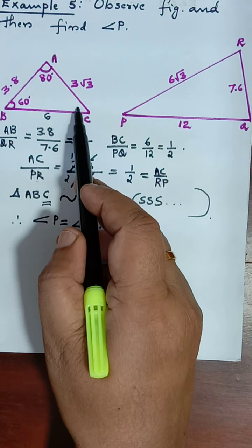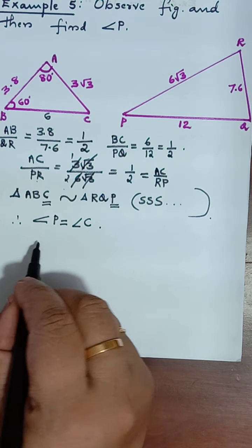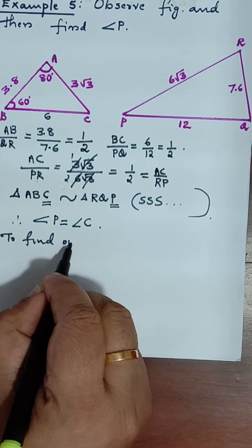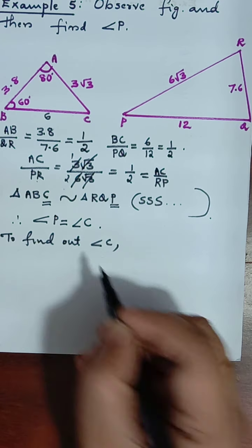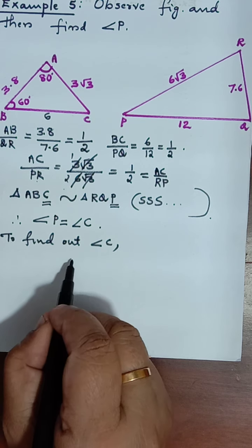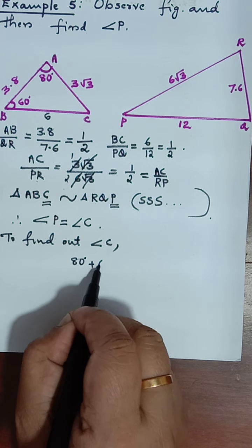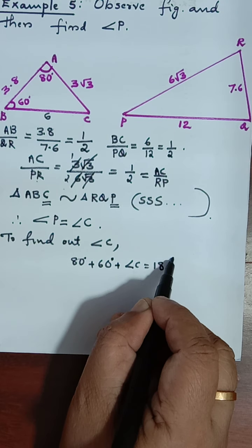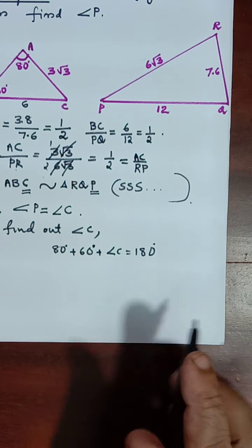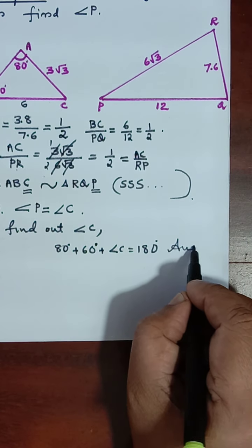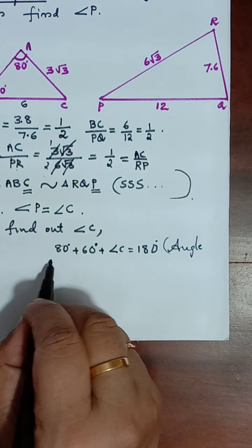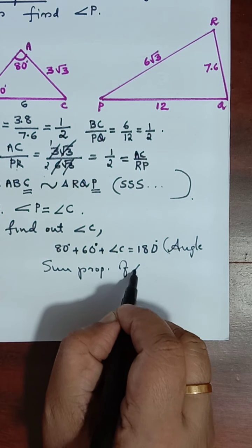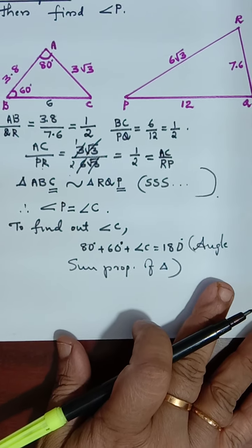Okay, so how to get angle C? To find out angle C, what are we going to do? 80 plus 60 plus angle C is equal to 180 degrees. What is the reason? Angle sum property of triangle.